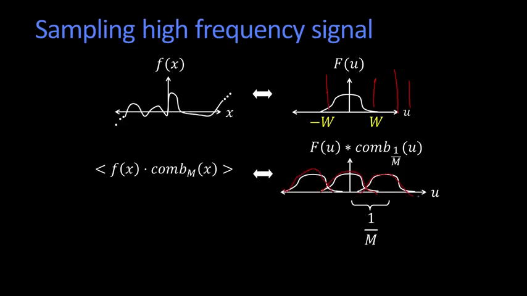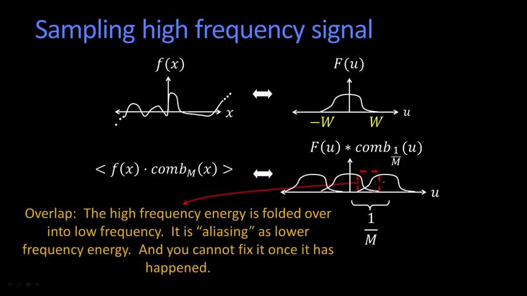Now remember, these things actually sum. I'm drawing each individual component, but in reality, this thing would sum and come back up there. And this area right here is where this energy has folded back on itself. It's overlapped, and then they're going to add, okay?